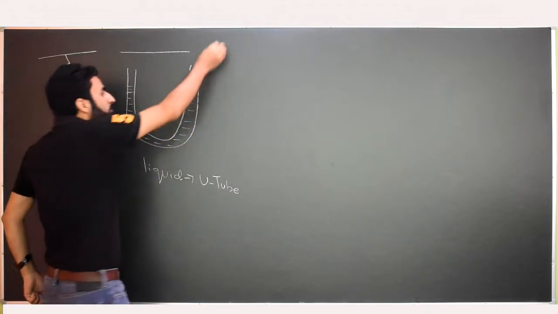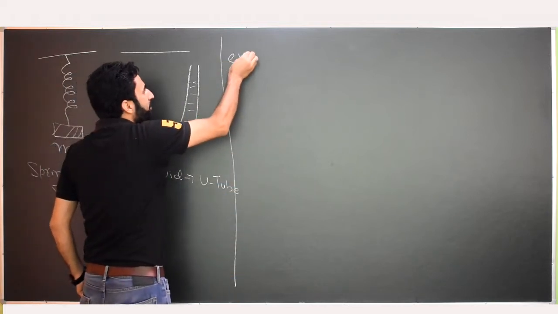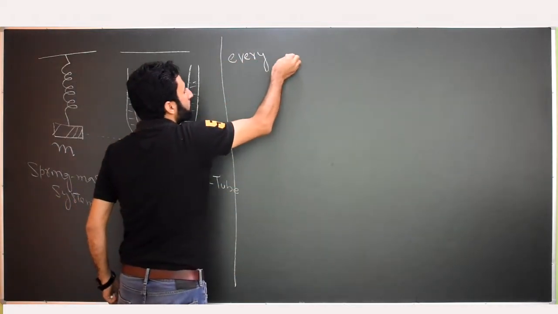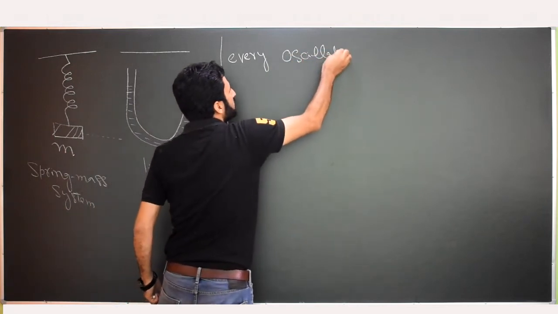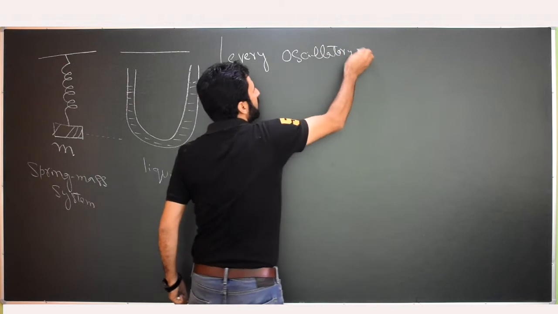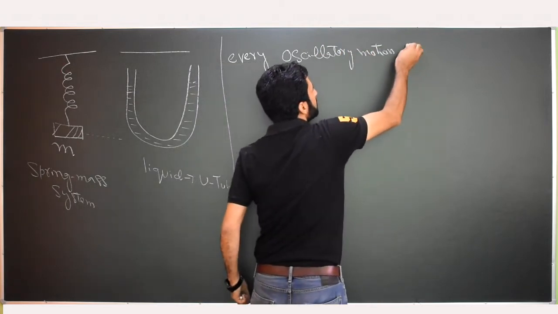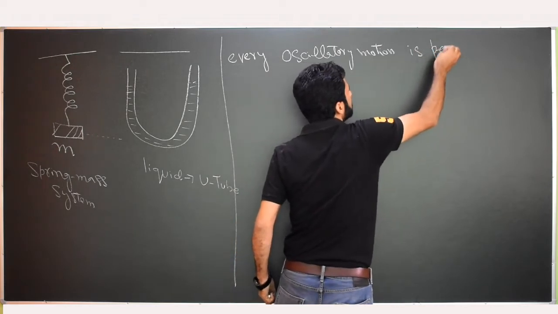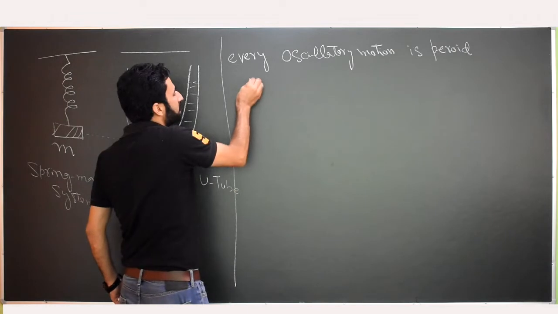Now what we can conclude here is that every oscillatory motion is periodic, but not vice versa.